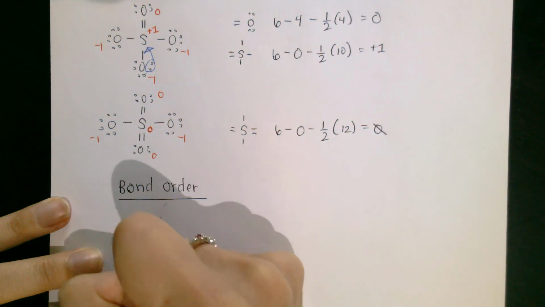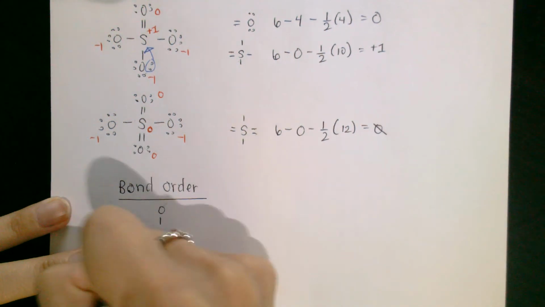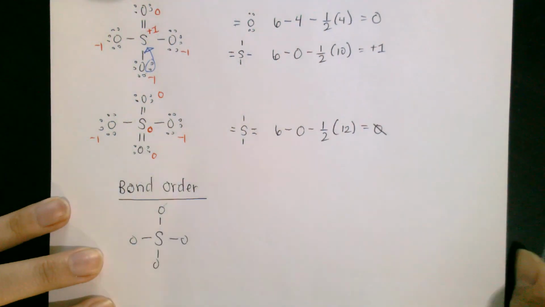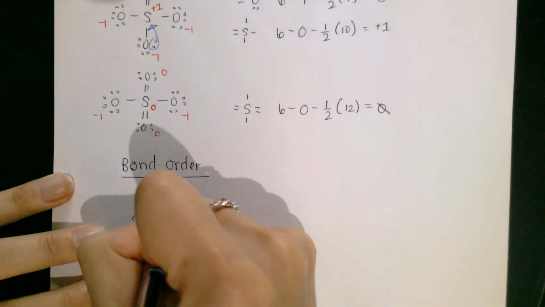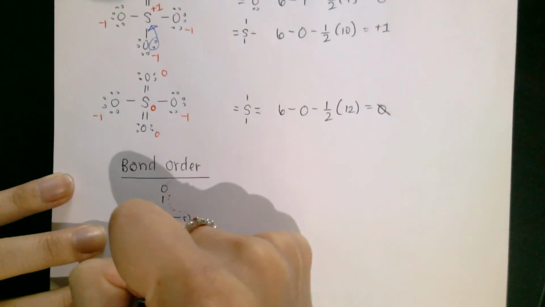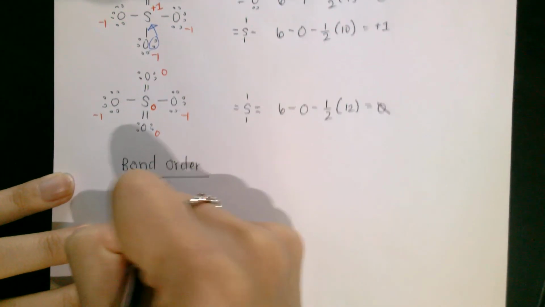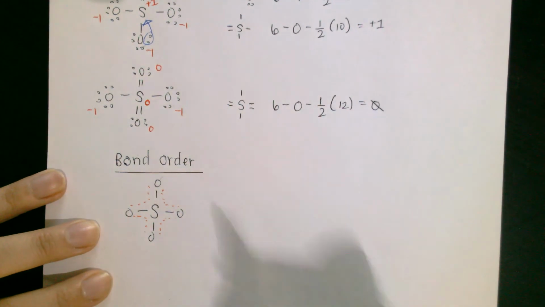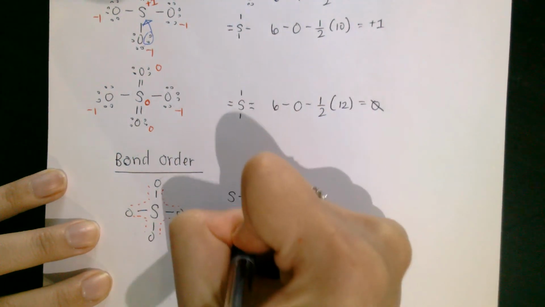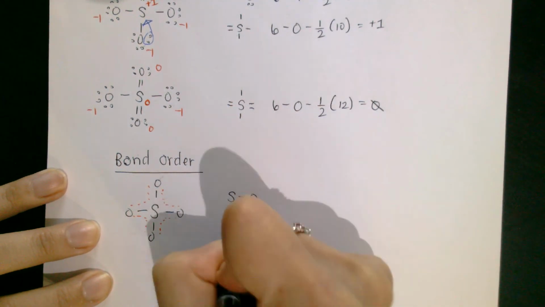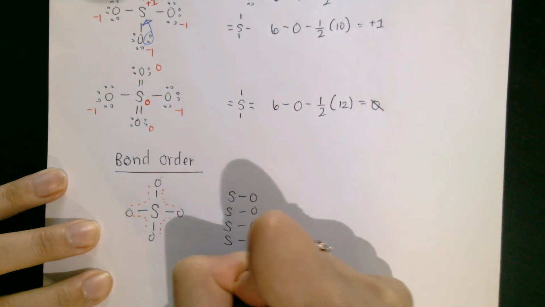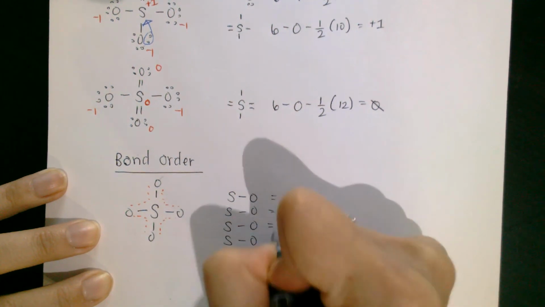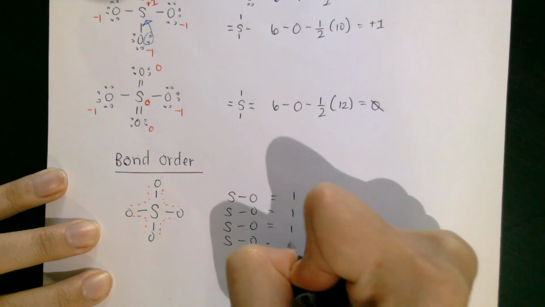So we know for sure there's a single bond, and then, like I drew before, those two double bonds are essentially being shared. If we do it out, we have 4 of those, so 1, 1, 1, 1.